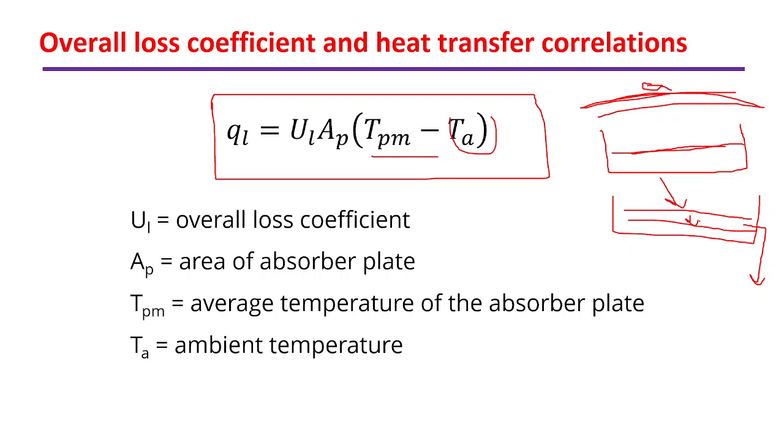So the ultimate goal is to increase the temperature, and for that we are calculating the heat losses. So this is a very generic equation: Q is equal to UA delta T.